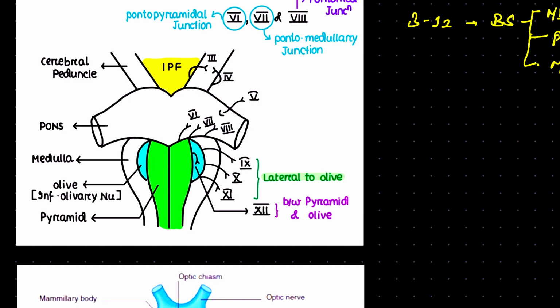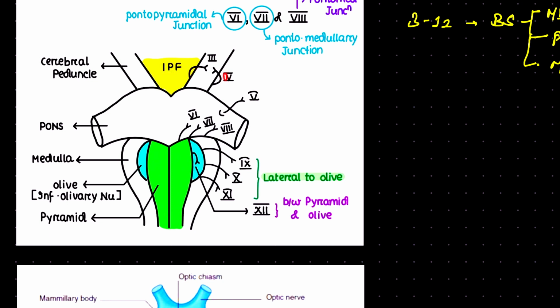Before that I'd like to mention the third and fourth cranial nerves, which come from the midbrain, coming out like this. This third cranial nerve, as you can see, is a content of the interpeduncular fossa.